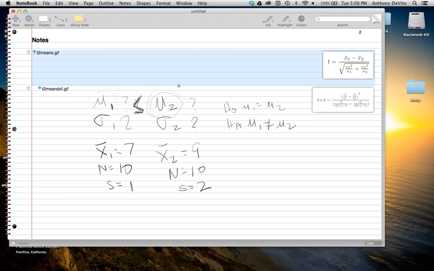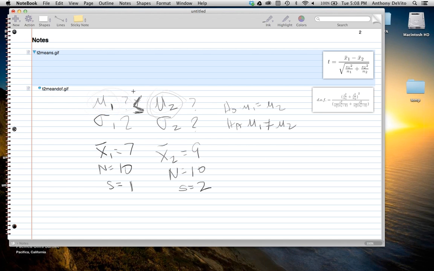There's always that caveat that they could be equal. And I want to say to myself, I want to prove that that's not true. I want to prove that this starting point, this assumption that mu2 can only be bigger, is wrong, and that mu1 is in fact bigger than mu2.